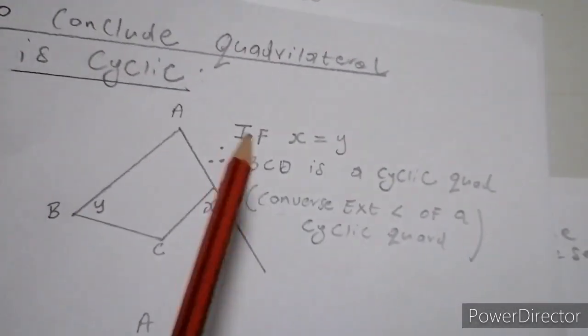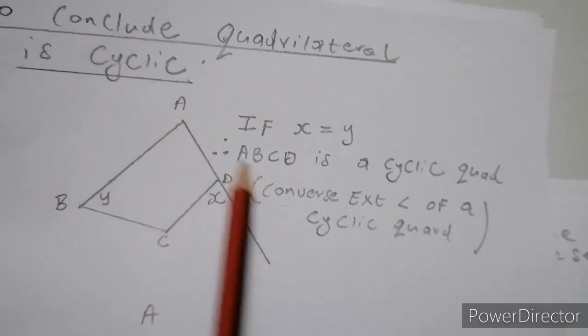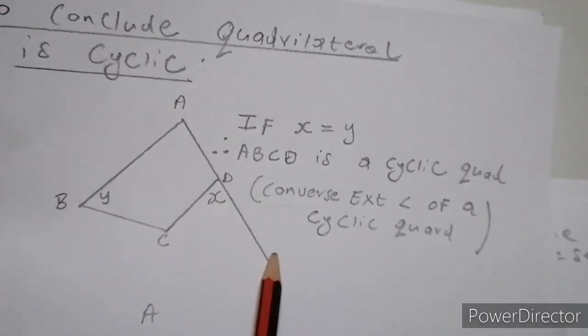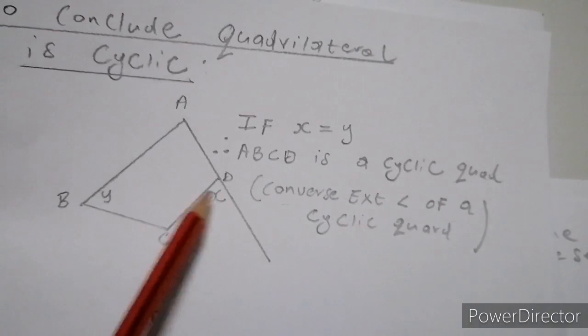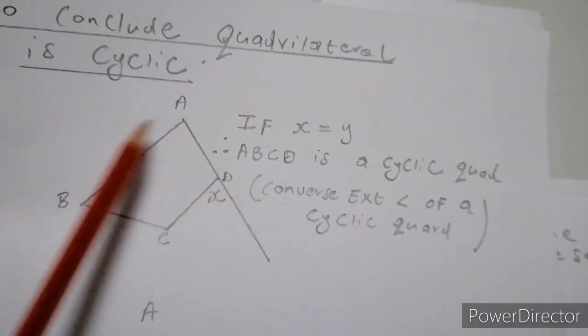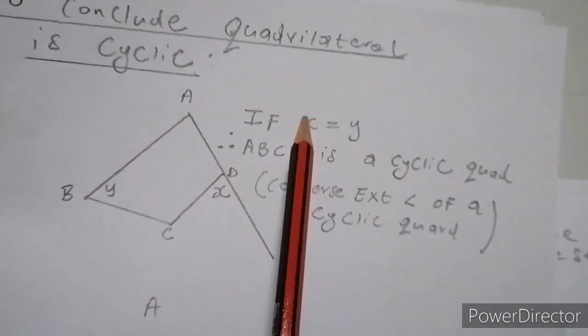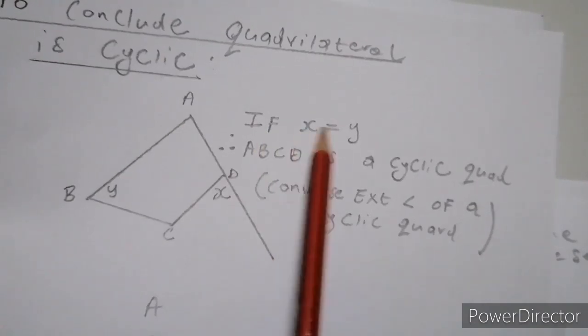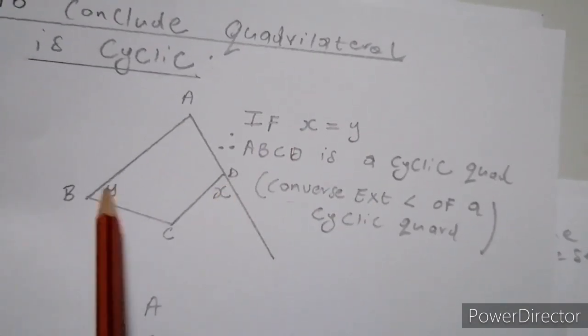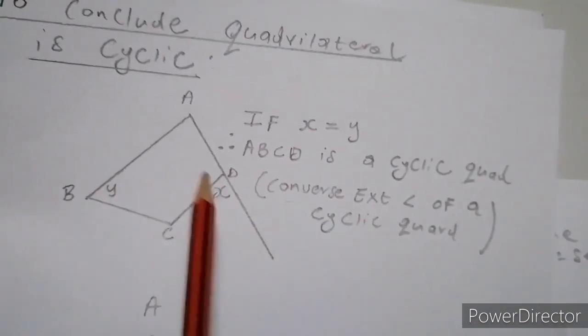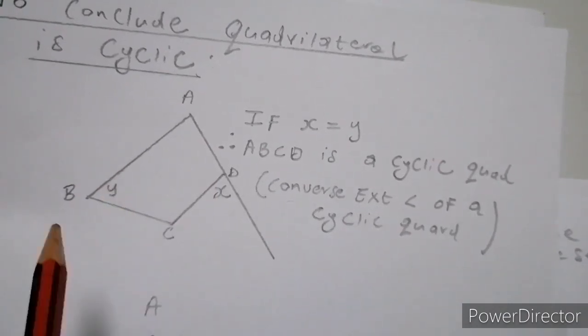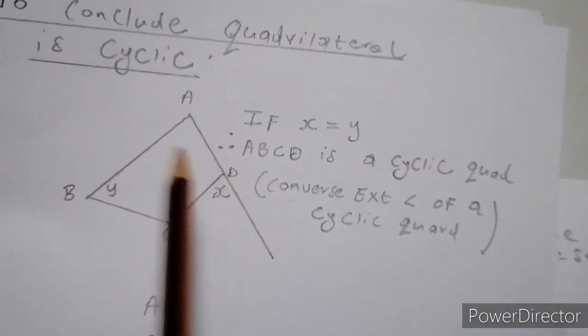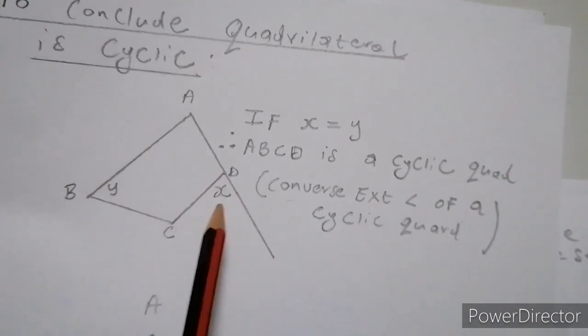The first one, when we're given a quadrilateral and then one side is extended and we see that the exterior angle is equal to the interior opposite angle like this one. Now, if x is equal to y, if these two angles are equal, the exterior angle is equal to the interior opposite angle in that quadrilateral. Remember, it is not a cyclic quad, it's a quadrilateral.